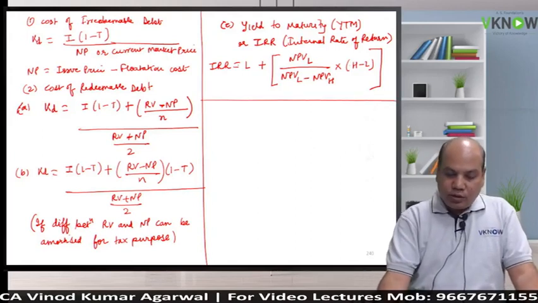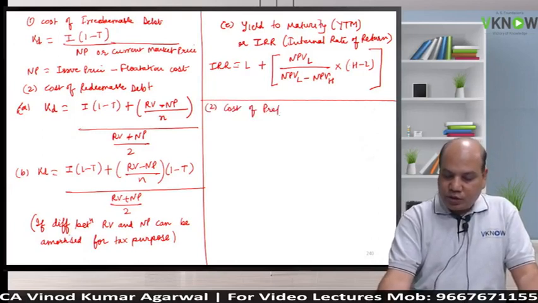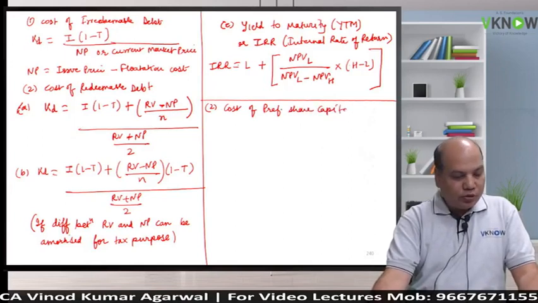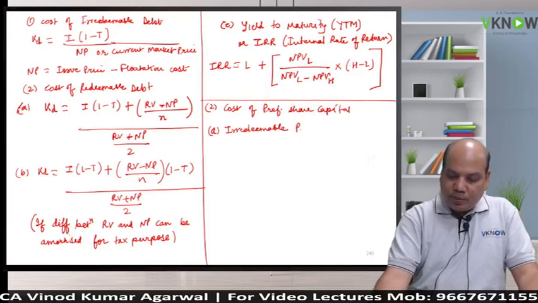Now we'll write cost of preference share capital. Under that, A, irredeemable preference share capital.